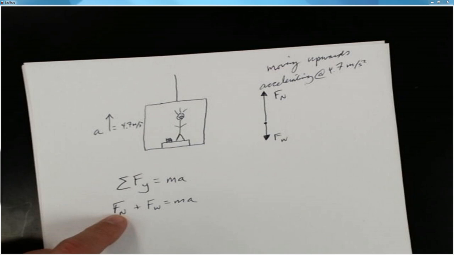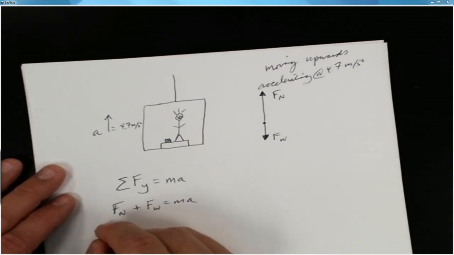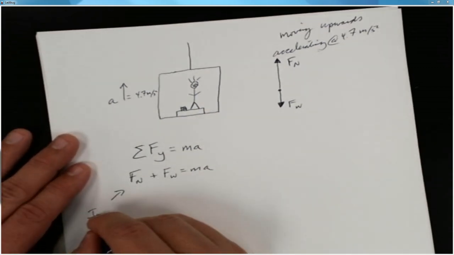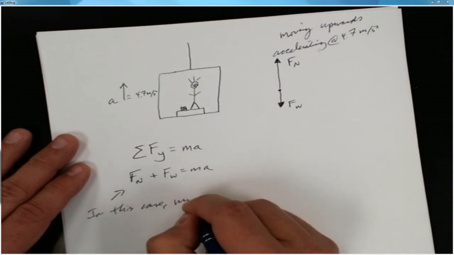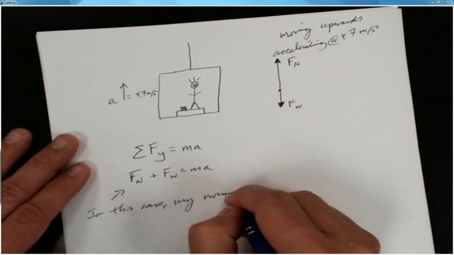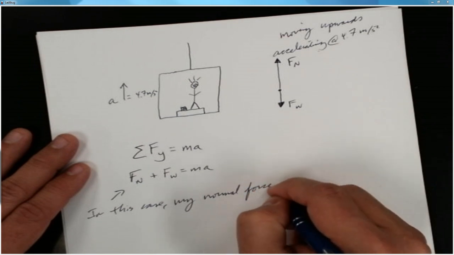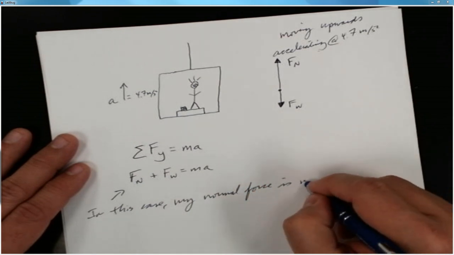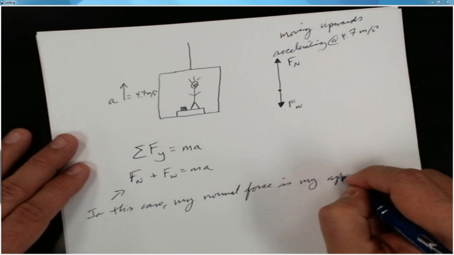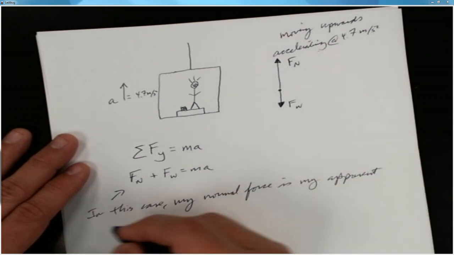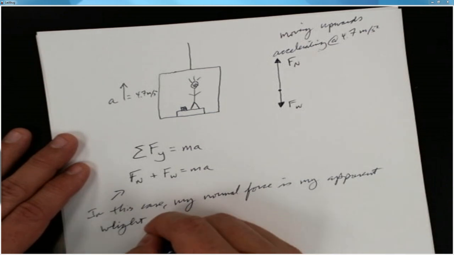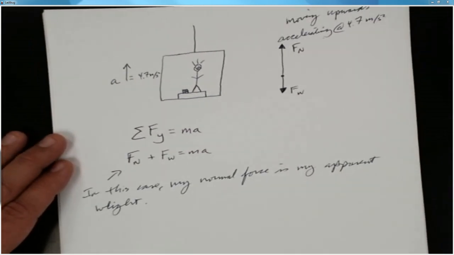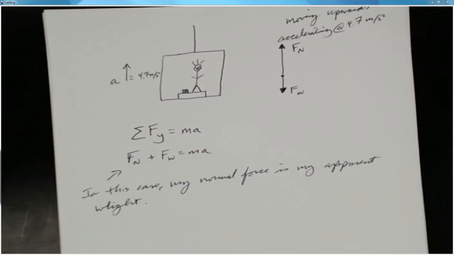So my normal force is my apparent weight. And I really want to know what my apparent weight is.